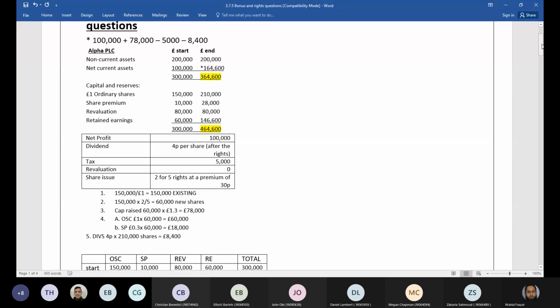Right, let's see who's going to solve this mystery. Why does the top half and the bottom half not equal? Any ideas?